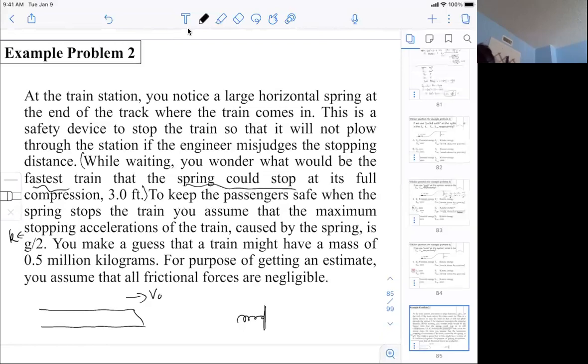That is the quantity we're trying to solve for. This is the speed the train can come in with, so that when the spring is fully compressed, the train must also stop at that moment to be safe. So they tell you something about the final velocity of the train. There's a lot of information in there that we have to extract ourselves.